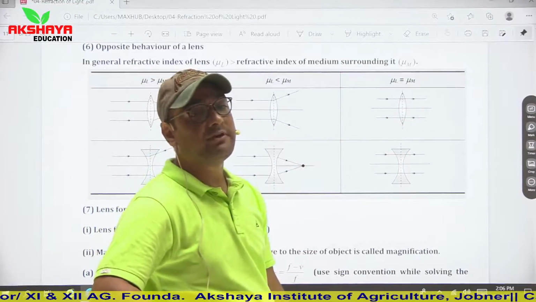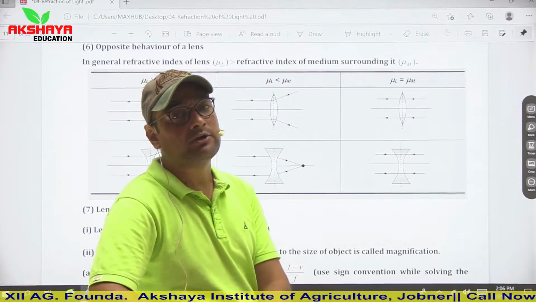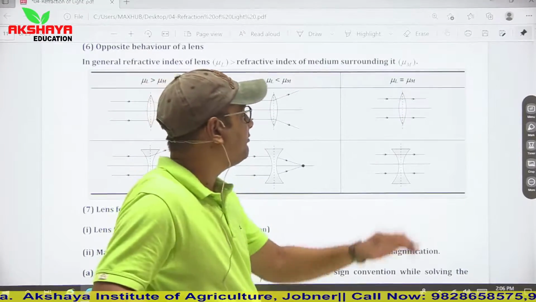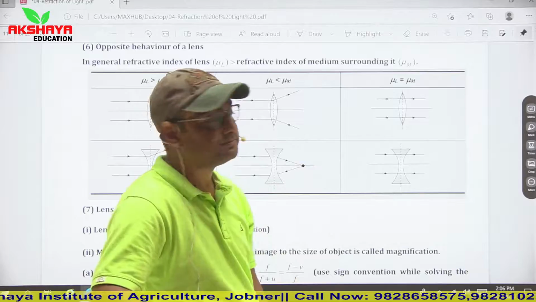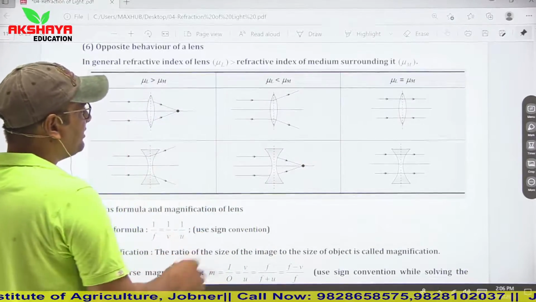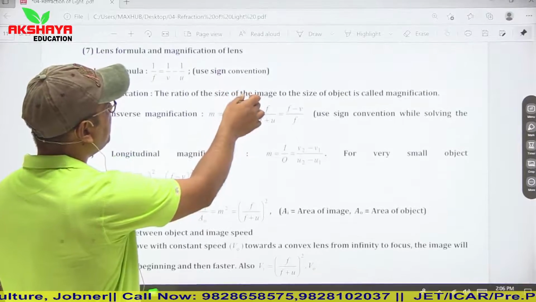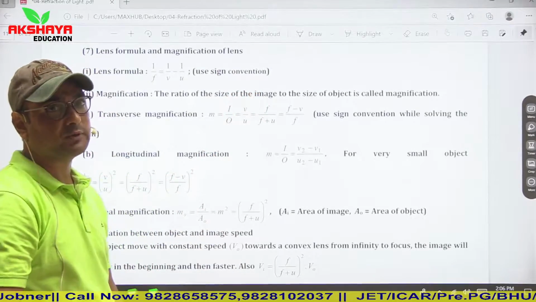In the third case, if the refractive index of the medium is equal to that of the lens, there is no deviation of light. It means light will pass parallel to the principal axis. These are the different cases where the refractive indices of lens and medium are compared to find the refraction phenomena.